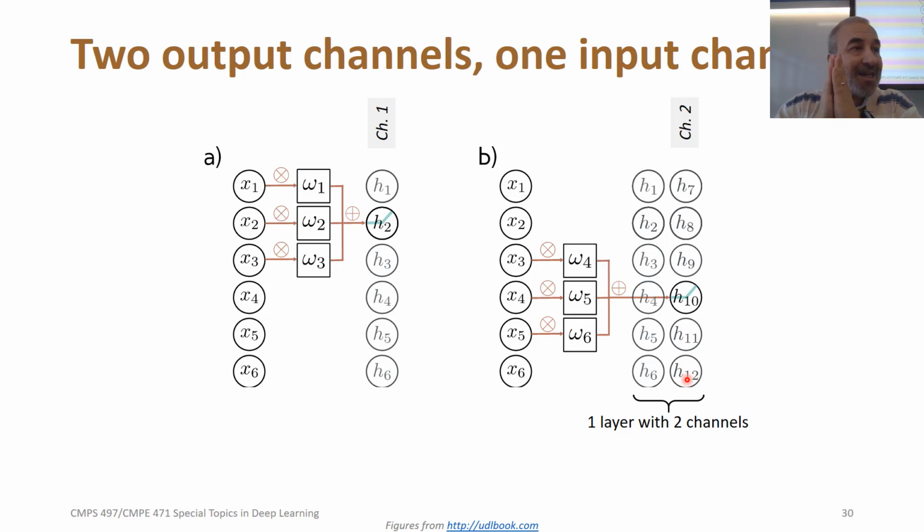The number of channels is a hyperparameter. The size of the channel is determined by the parameters that we talked about: the kernel size, the padding, the stride, the dilation, right? That will determine the size of that.